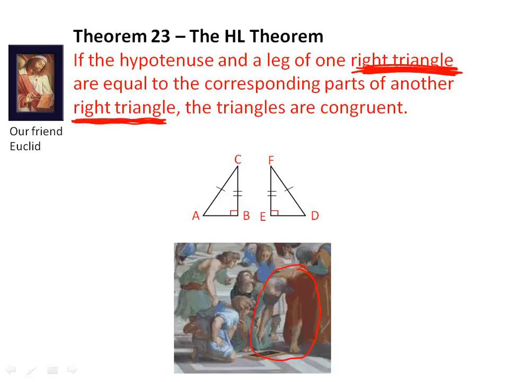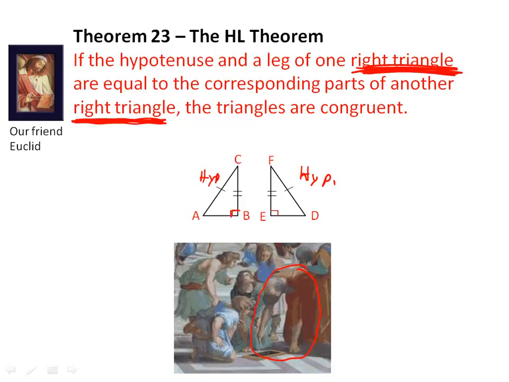Now, once you show two right triangles congruent by HL, you can do the CPCTC like you can on the other ones, but this only works on right triangles. As you can see, HL, what's it stand for? H is for hypotenuse, L is for one of the legs. So, as you can see, here we have the hypotenuse. That's the long side across from the right angle here. And this hypotenuse is marked equal to each other.